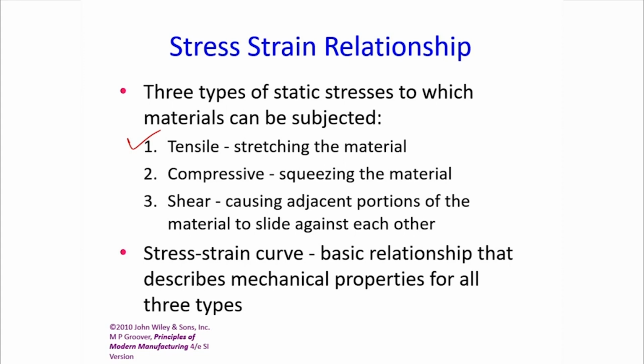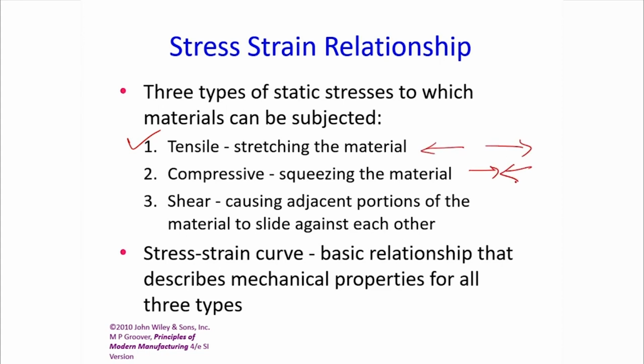Compression means, if you think of a pillar in a building, and the building is very tall, then the pillar is subject to compressive stress. That's compressive stress, okay. This is the tensile and this is the compressive.